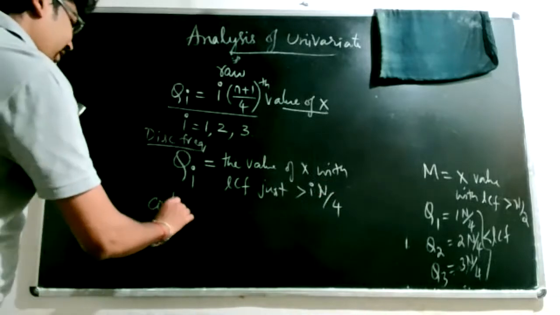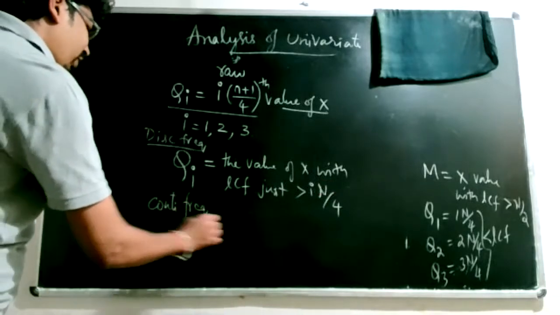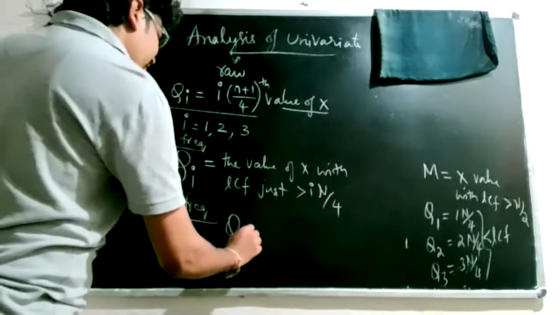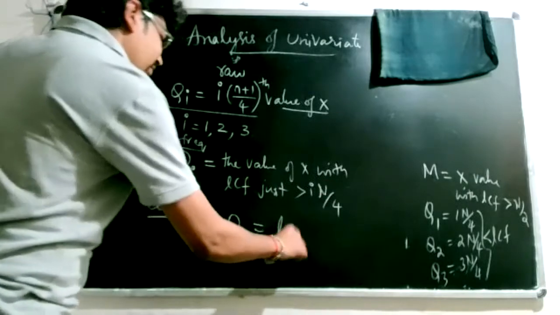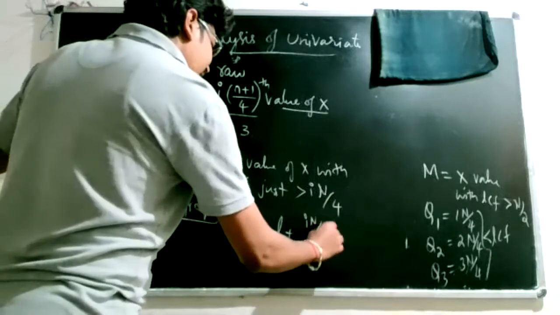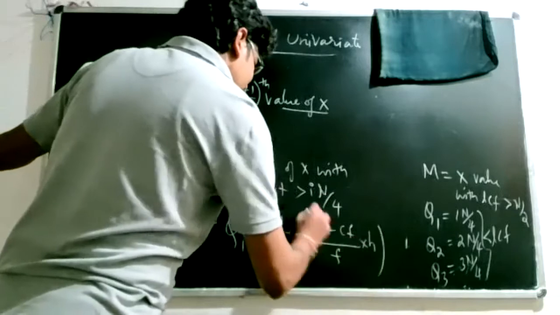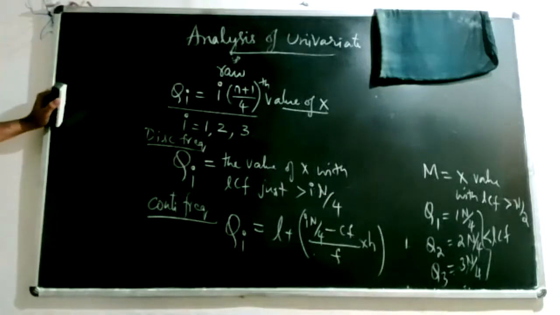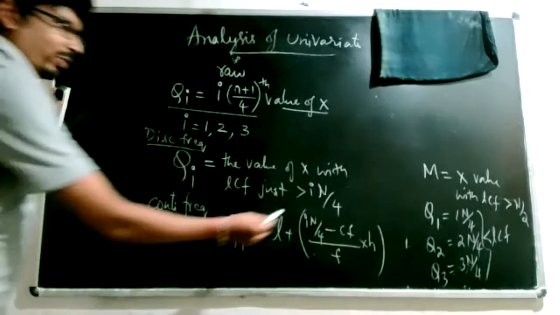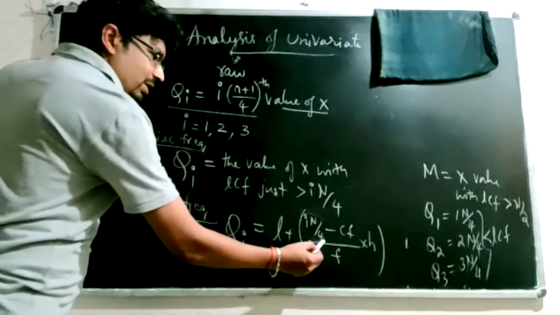Now coming to the continuous frequency data, we have a formula similar to that of the median. So Qi is equal to L plus (in by 4 minus cf) divided by f, into h, the same as that of the median. But in case of median, the position is n by 2.